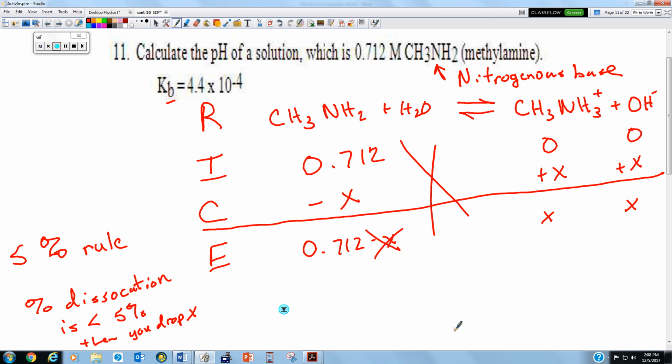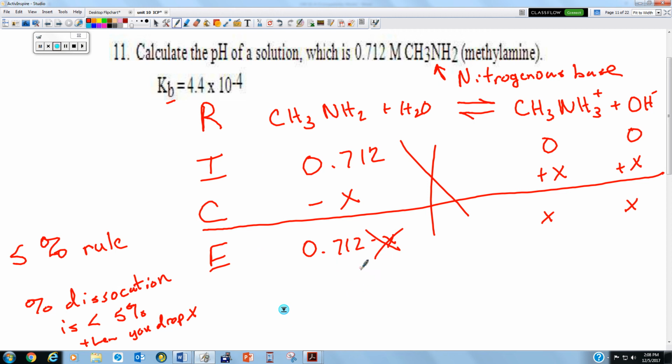I can tell you when you have to do these on the AP exam, the majority of the time, they're always going to be less than 5% because they don't want you taking time doing that extra step. So we're going to go ahead and set this up.